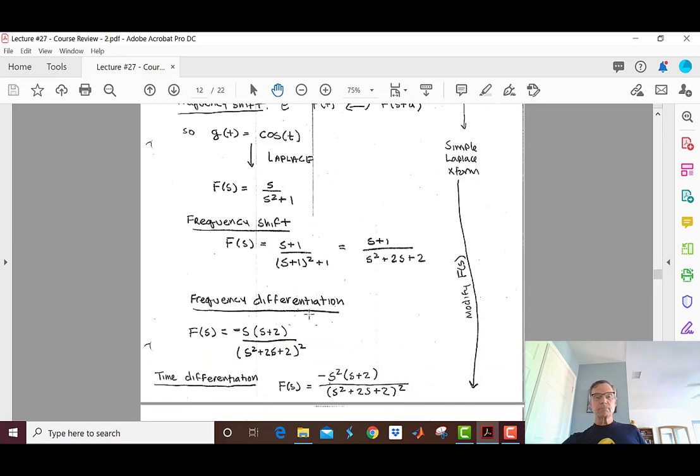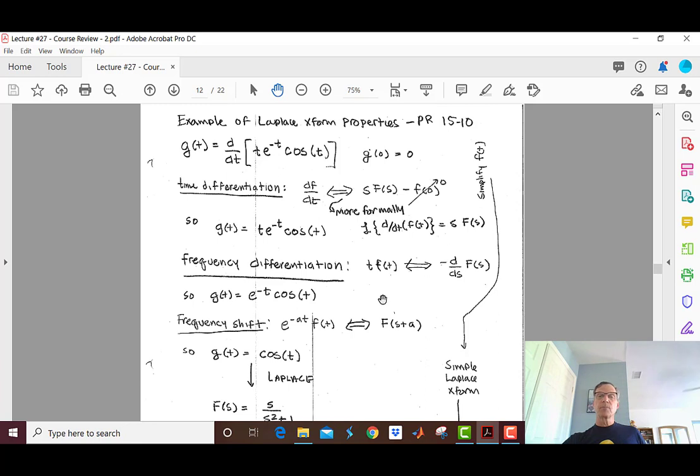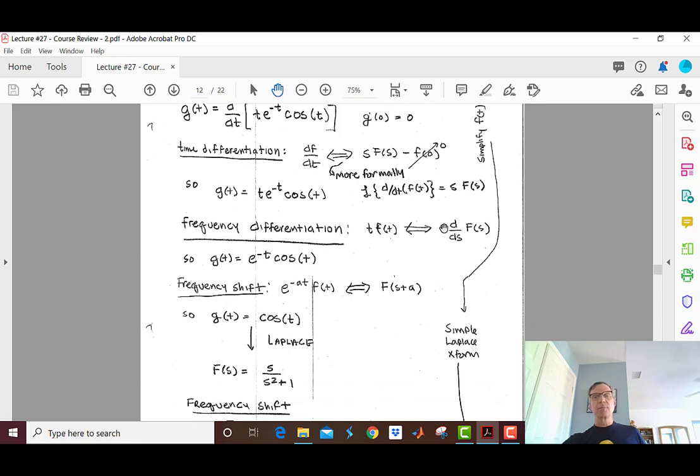And so when I do that, I'm not showing the steps of that differentiation, but this is the derivative of this with respect to s, as I knew I had to right here.